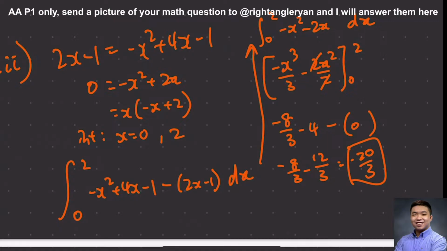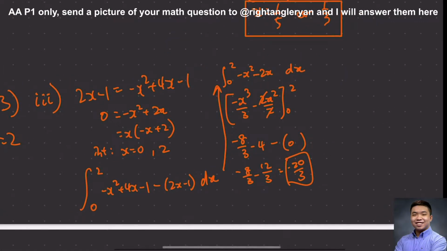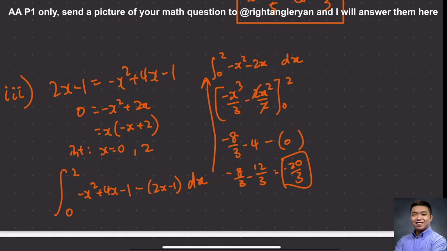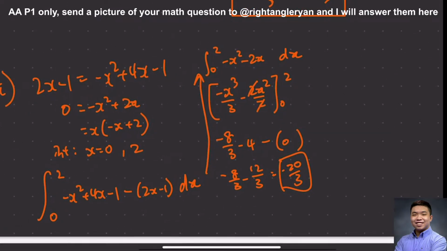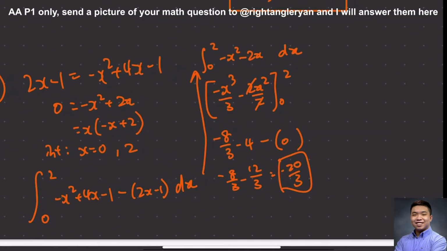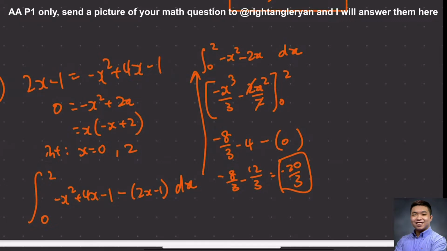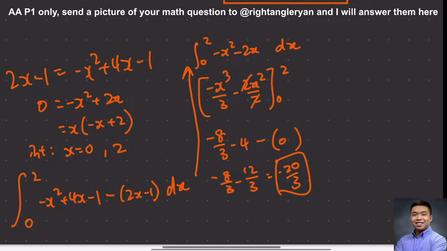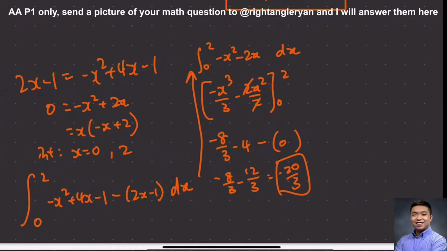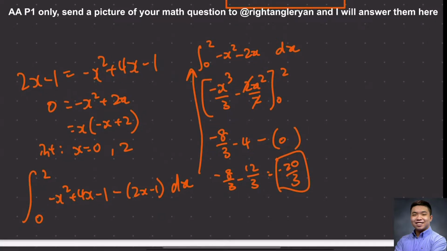Nope, I did something wrong. Negative x squared and then minus, yeah, what did I do wrong? Negative 8 over 3. No, my integration is correct. 4 over 3 units. Huh? 8 over 3.